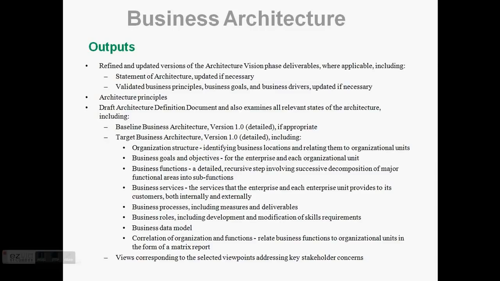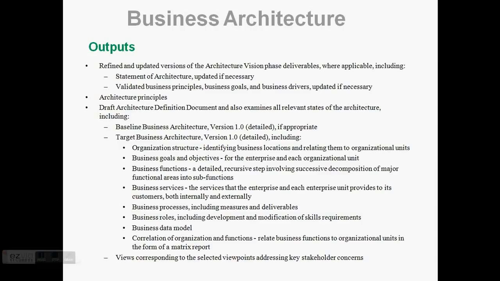A statement of architectural work defines the scope and approach that will be used to complete an architectural development cycle. Validate business principles, business goals, and business drivers. These provide context for architectural work by describing the needs and ways of working employed by the enterprise.